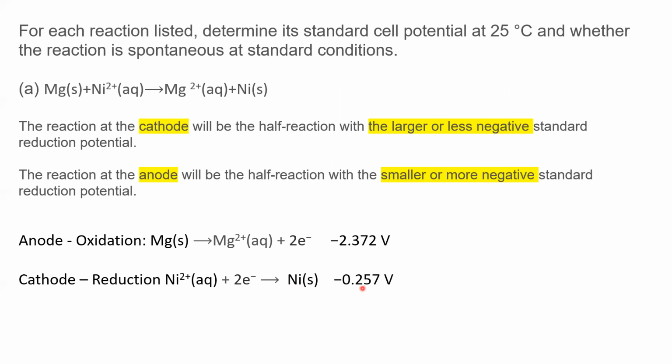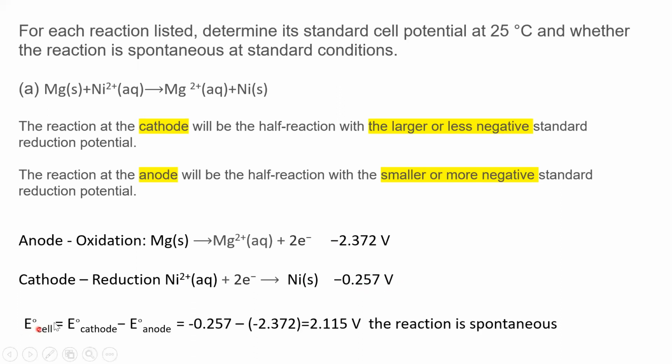Now to calculate the cell potential, we would take the reduction value that takes place at the cathode and subtract the oxidation value that takes place at the anode. So at the cathode, we've got negative 0.257. We'll plug that in here. We're going to subtract the value that takes place at the anode, or the oxidation, which is negative 0.2372.